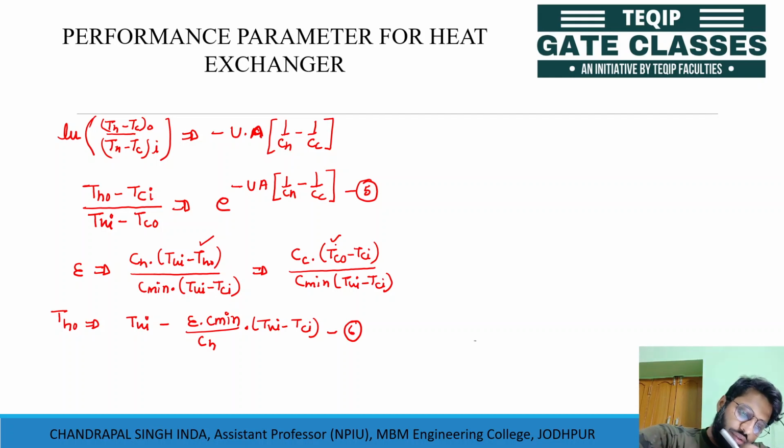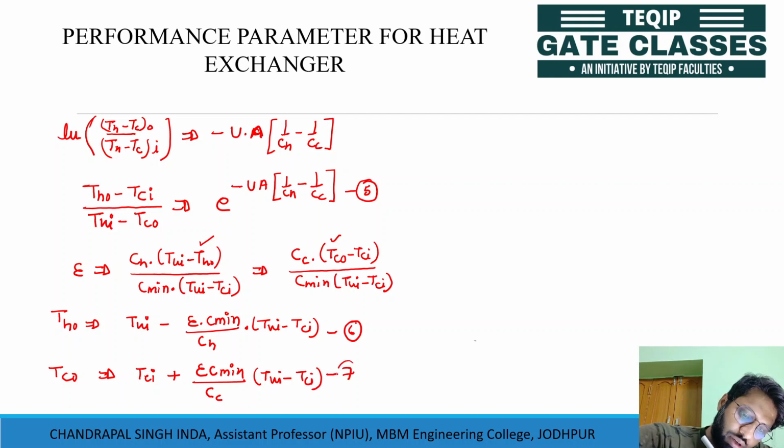So from here we can find the value of T cold outlet, which is equal to T cold inlet plus effectiveness, C minimum by Cc, and T hot inlet minus T cold inlet, that is equation number 7.